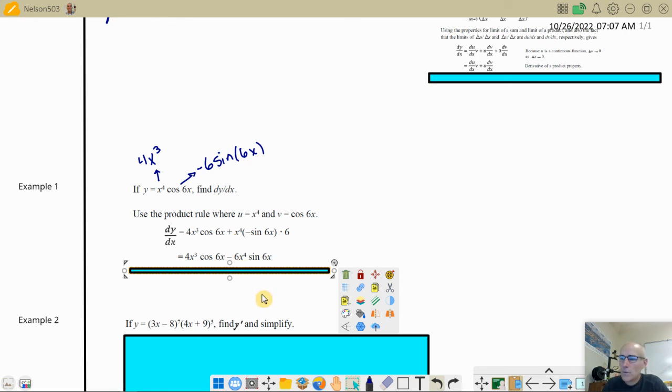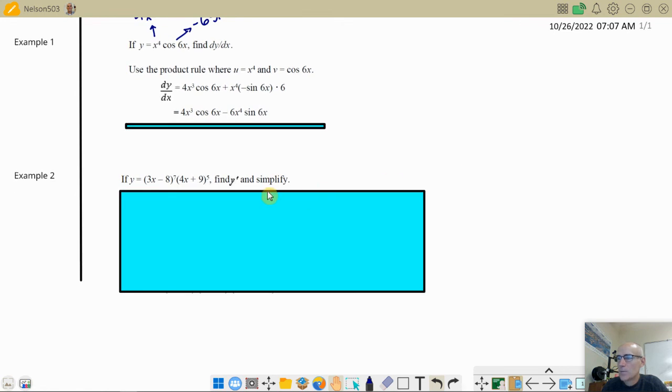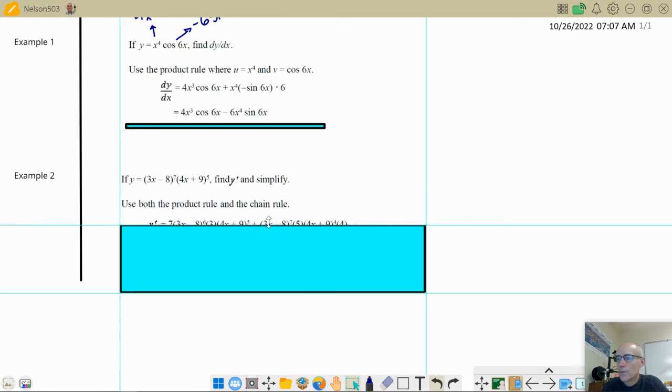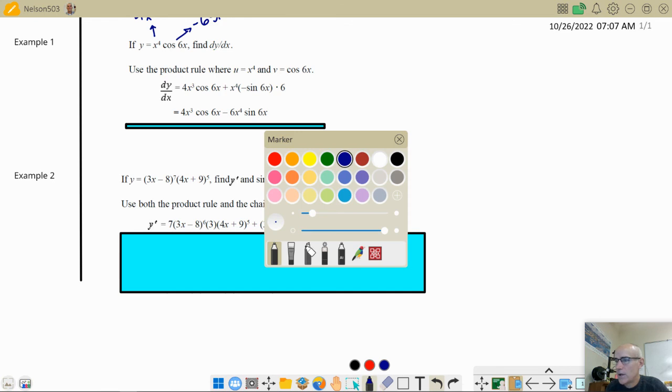That one is not that much simplification. On this next one, there's a whole bunch of simplifying, and it can get a little confusing on the simplification part. So let me just go over that real quick, because this could cause us problems. We take the derivative of 3x minus 8 to the 7th power. There it is right there. Let me try highlighting it. Okay, so let me turn my highlighter on.